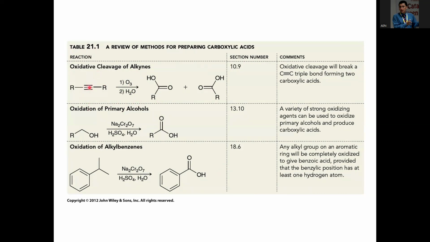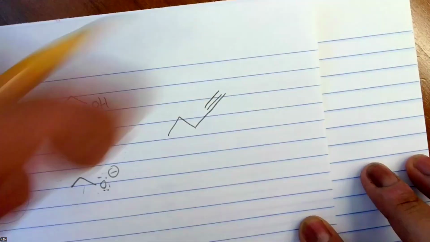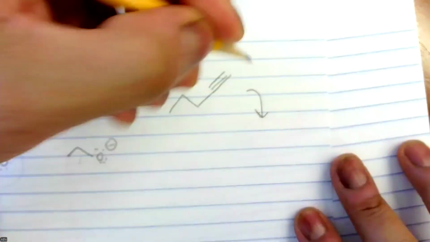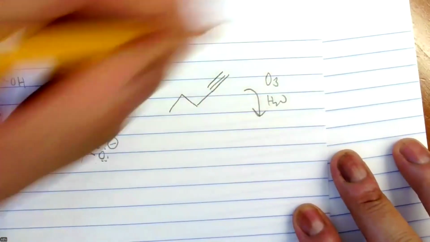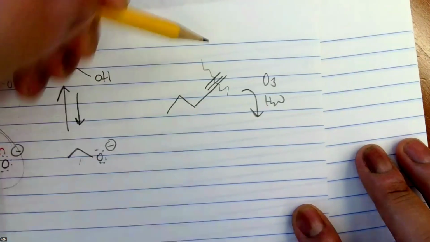But if you have an alkyne, the alkyne with ozone in water will break this in half. It will split the alkyne in 2, and then each piece will be a carboxylic acid. That's in the case that you have an internal alkyne. Sometimes you have a terminal alkyne. If you have a terminal alkyne, don't forget that final carbon. So let's say this alkyne, if you treat it with ozone in water, you will cleave the alkyne.